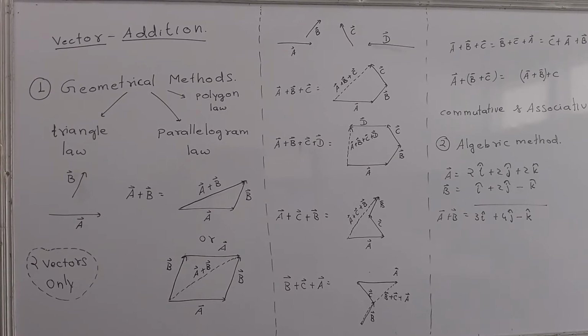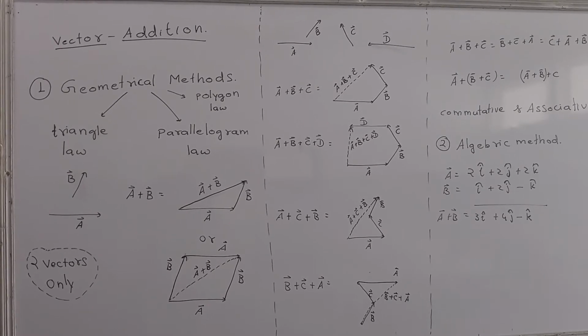Now here I have two vectors represented in geometrical form, vector A and vector B. You can see this is vector A, this is vector B. Now how do we add them?